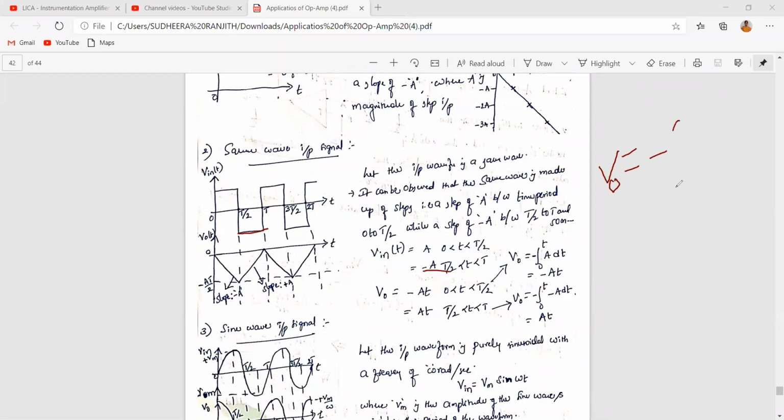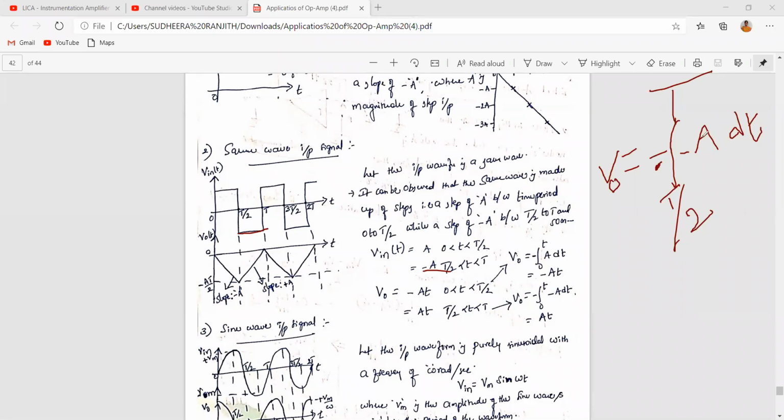Right. Why are you getting positive? Already we have a minus outside, so minus of minus A dt. What is Vin here? Minus A, from T by 2 to T. What is the minus of minus A dt?